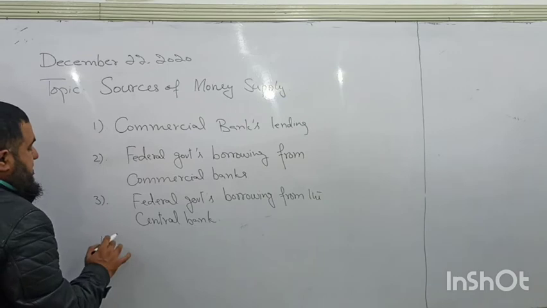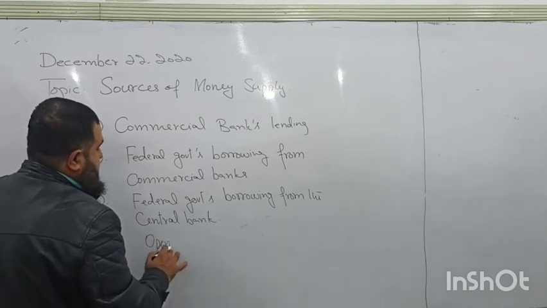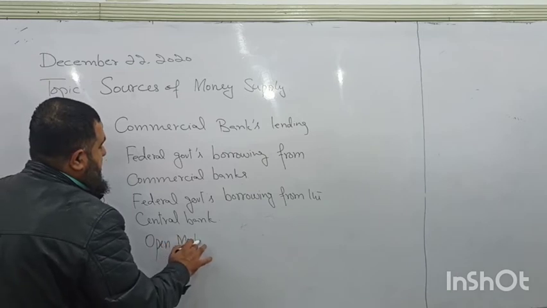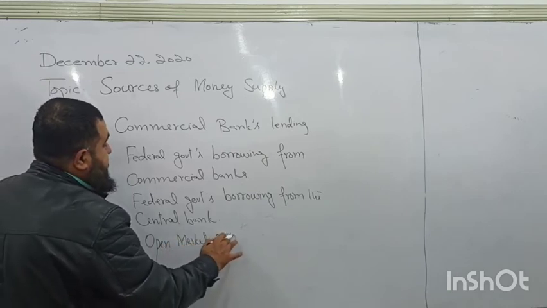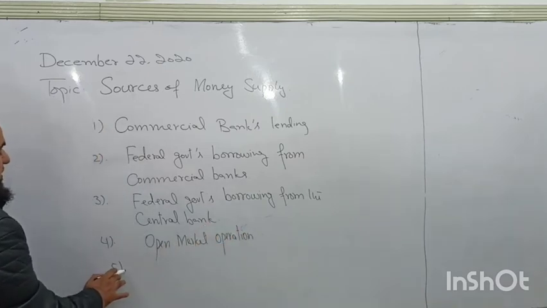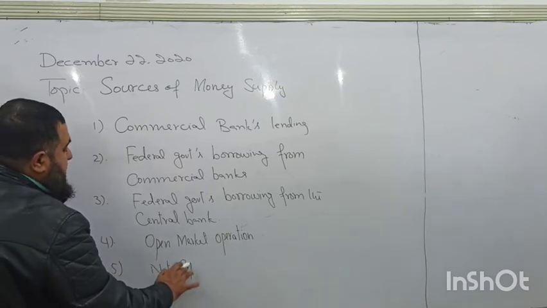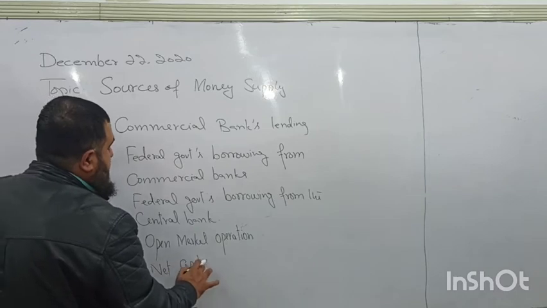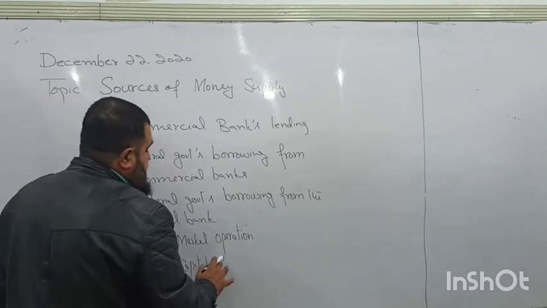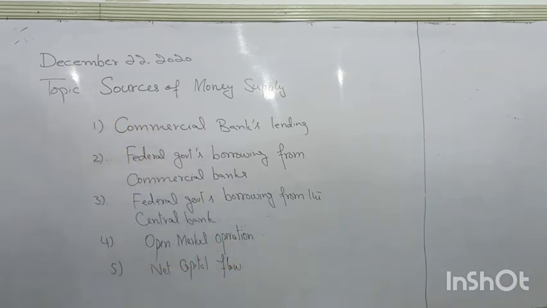Fourth is open market operation. And fifth is net capital inflow: how much money is inflowing from abroad to our economy, capital inflow and capital outflow. So these would be the 5 sources of money supply.